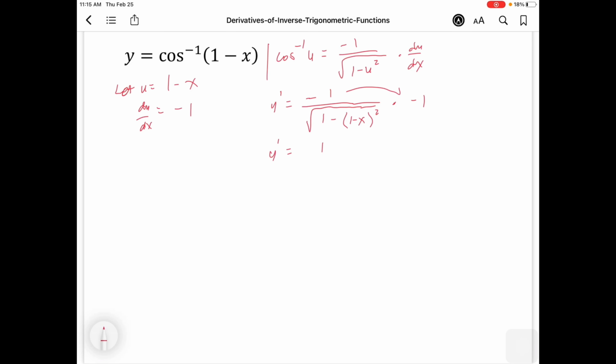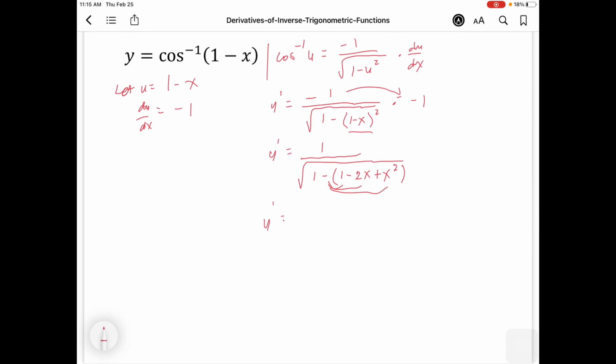Mamultiply natin doon. So this will be equal to 1 all over the square root of, expand lang natin itong given natin. So 1 minus, this is 1 minus 2x plus x squared. Then distribute ang negative.